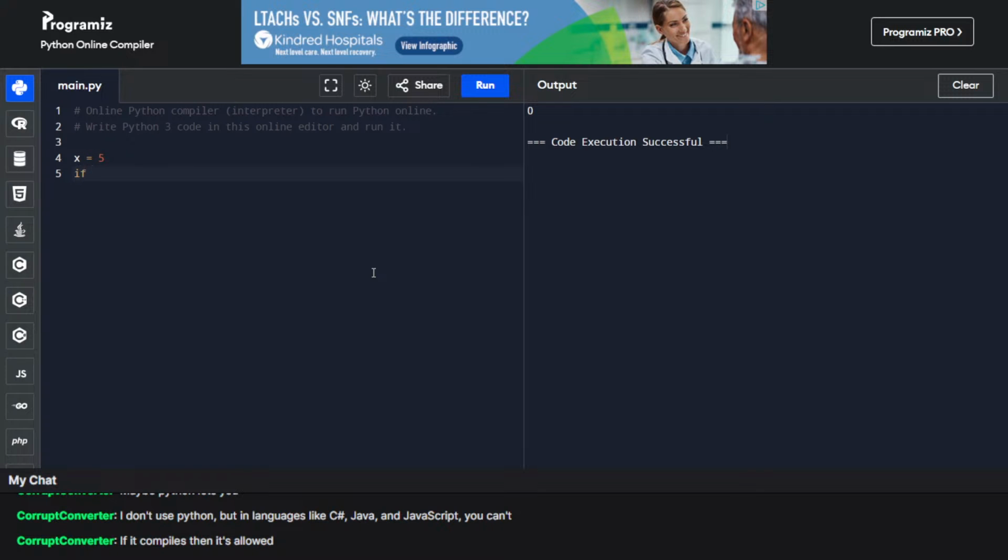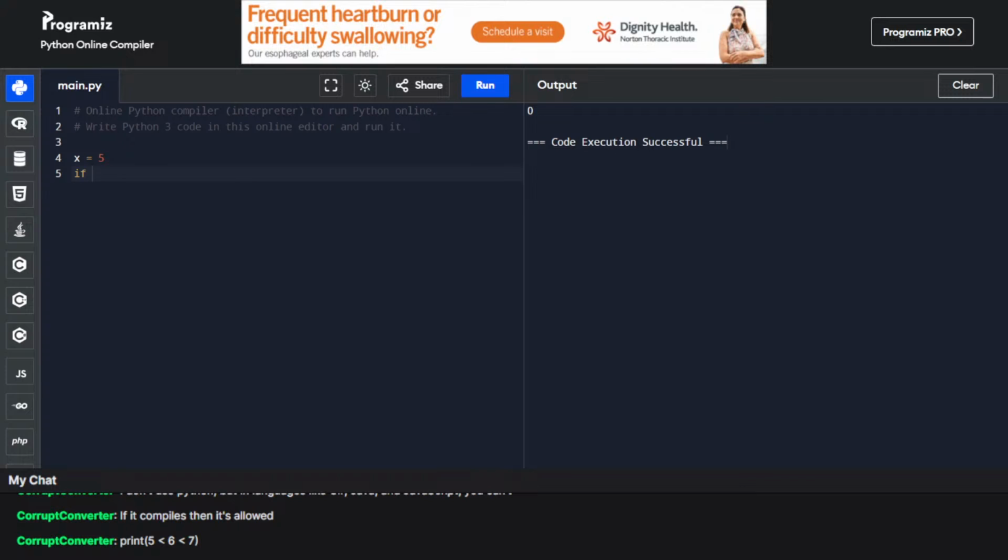So I want it to return true. Print 5-7. So it should print true, right? Since this is a Boolean. That's better. True. Oh, damn.